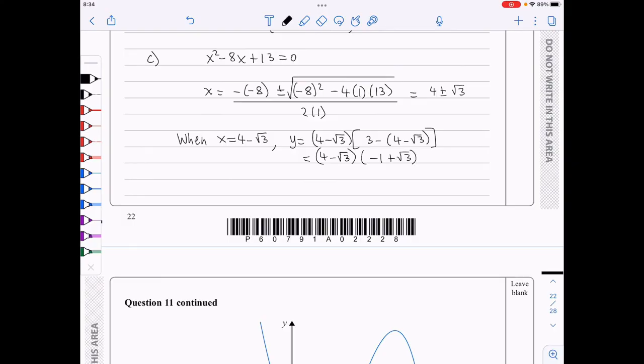So I will expand. It's minus 4 plus 4 root 3 plus root 3 minus 3, which is equal to minus 7 plus 5 root 3. And therefore, the coordinates of P will be 4 minus root 3, comma, 5 root 3 minus 7.